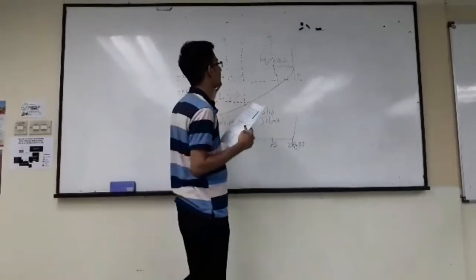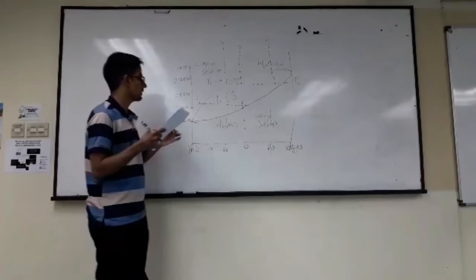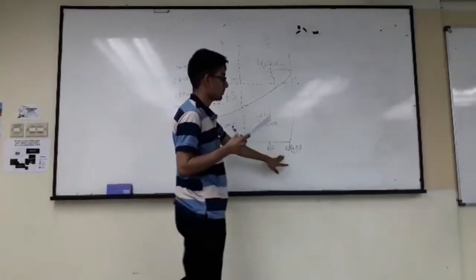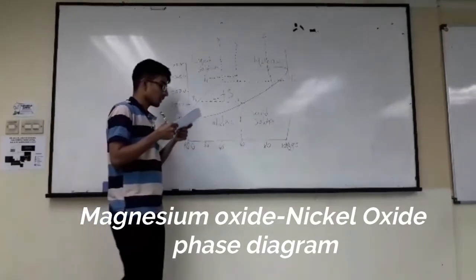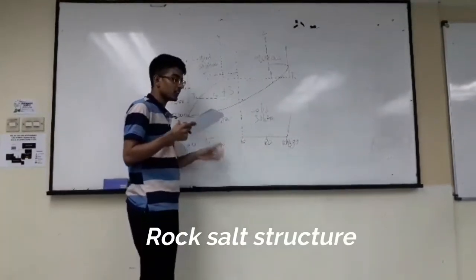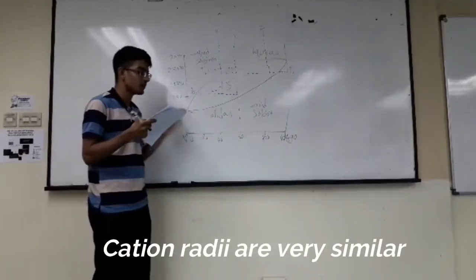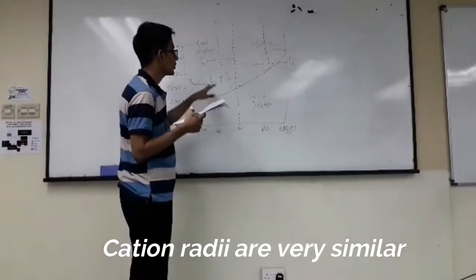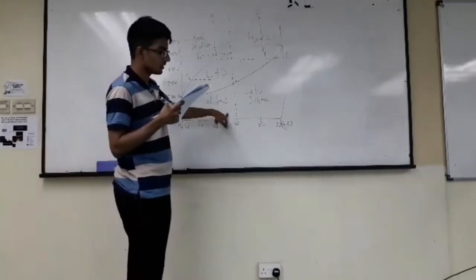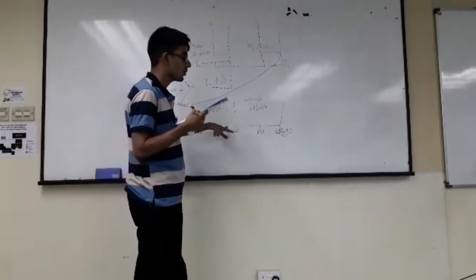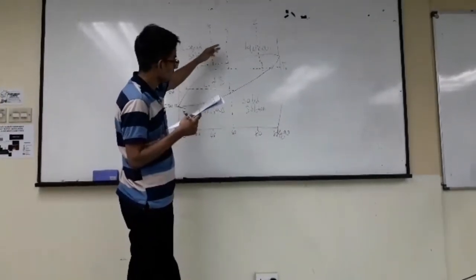This is an example of complete solubility, the mixture of nickel oxide and magnesium oxide, and you can see the phase diagram. Nickel oxide and magnesium oxide have a similar structure and application, so they can form complete solubility. Looking at the 60 mole percent composition, nickel oxide is cooled from melt and going down.